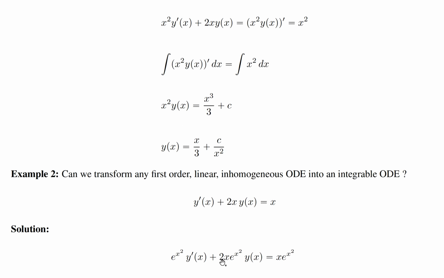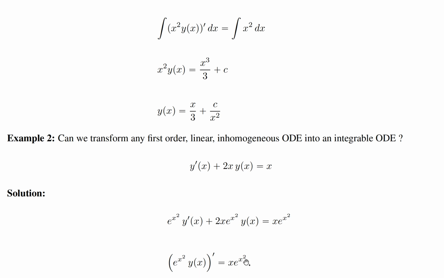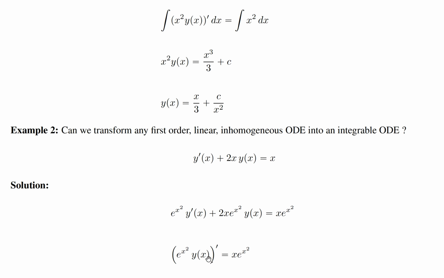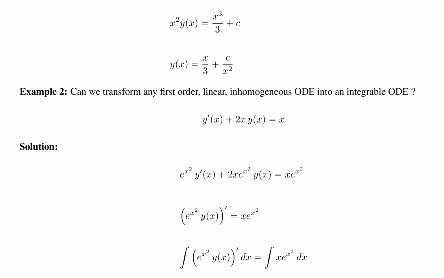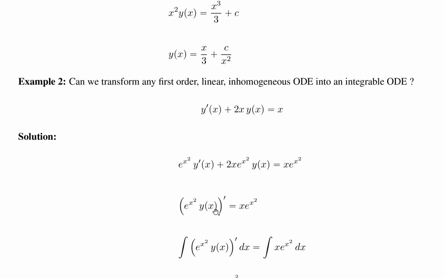So if I do so, if I multiply my ODE by e to the x squared, I get the following equivalent ODE, and in this case my left hand side can be written as nothing actually but the derivative of e to the x squared times y of x, and now we can integrate the ODE and find the antiderivative.